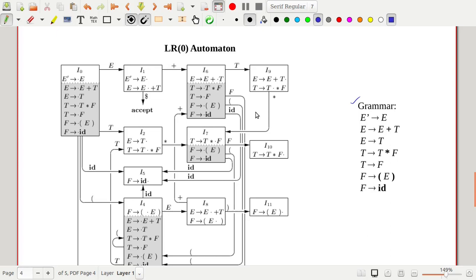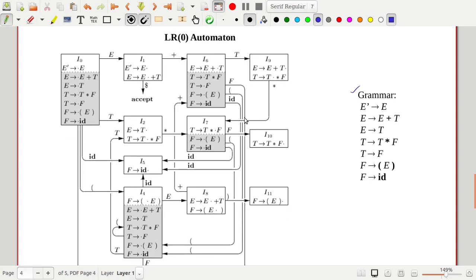And we can construct our LR(0) automaton by using the goto and closure functions we have studied before. And this is the LR(0) automaton that we have already constructed.